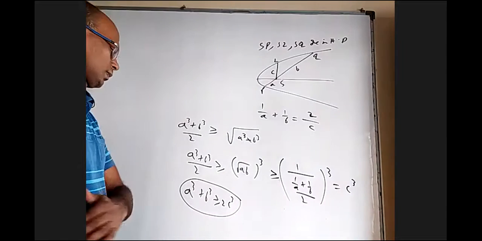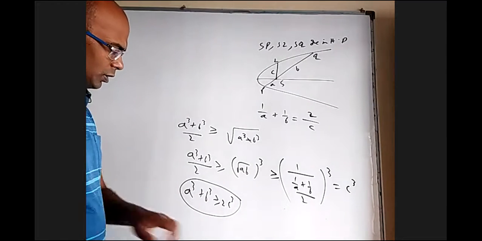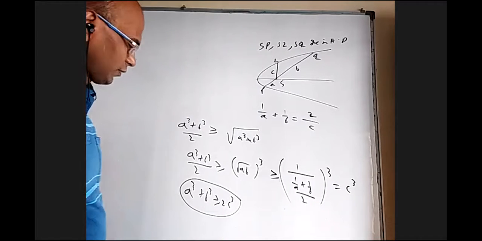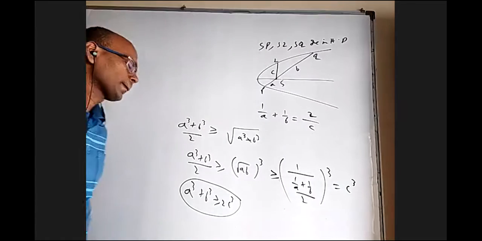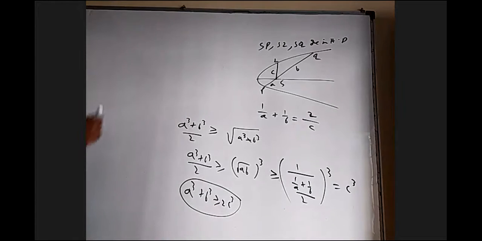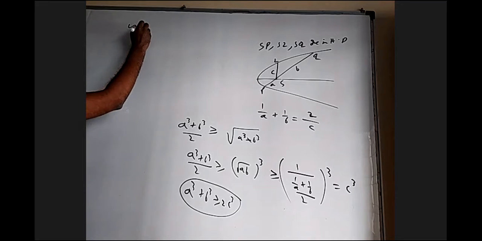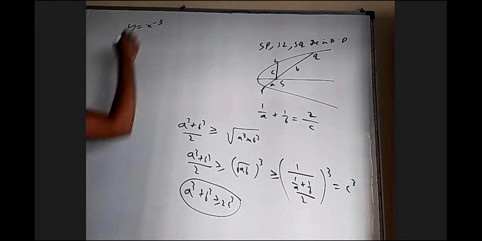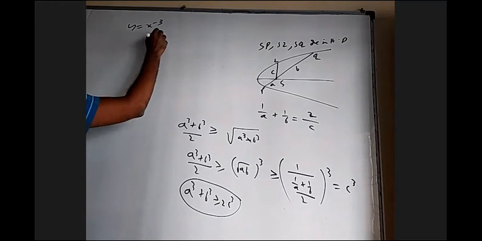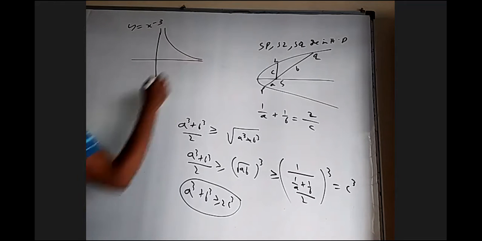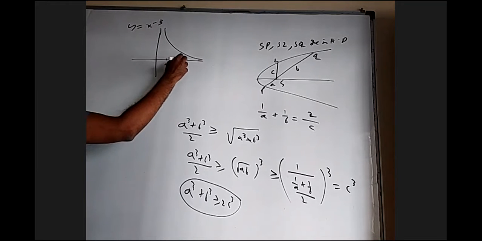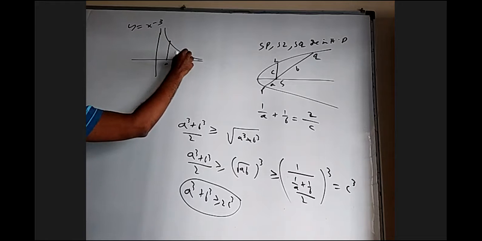Okay. We can also use it in a slightly different way. This is one method. I want to take y equal to x power minus 3 as one function. What will be the graph of x power minus 3 like? Like this. I want to take, at A one point, at B one point.